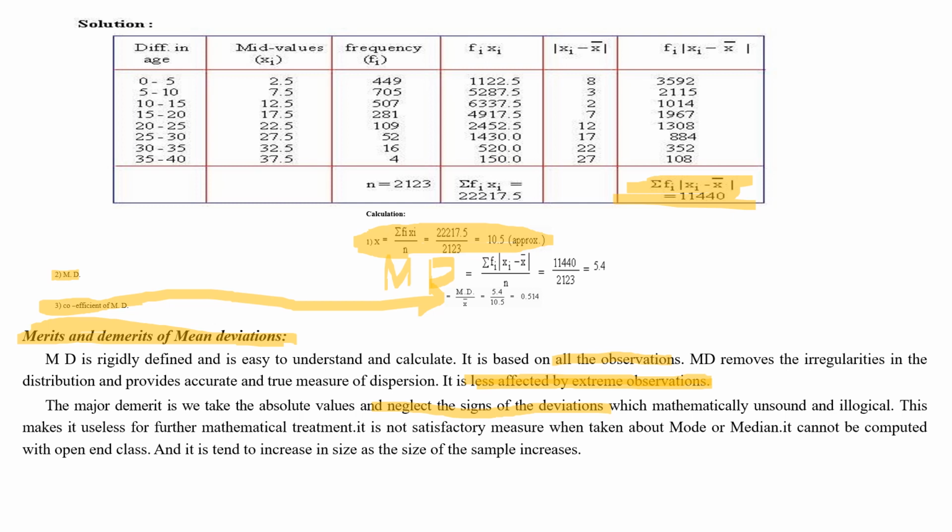So it is not a satisfactory measure when taken about the mode and median. It can't be computed with an open end class. Say 0 to 5 is a closed end class. If it is up to 5 or above 5, we can call it an open end class.